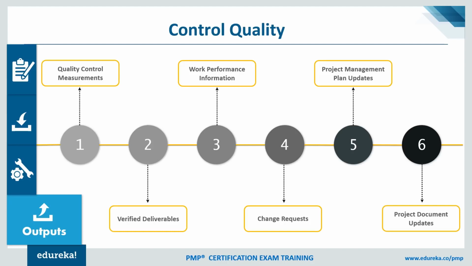We do a deep dive when we deliver the PMP training program. We get into each of these tools and techniques, inputs, and the outcomes in much more detail, in fact. And we also take a lot of different examples as a part of this. But in this webinar, we have just given you the introduction to quality management as a part of the quality management knowledge area within PMBOK 6th edition.